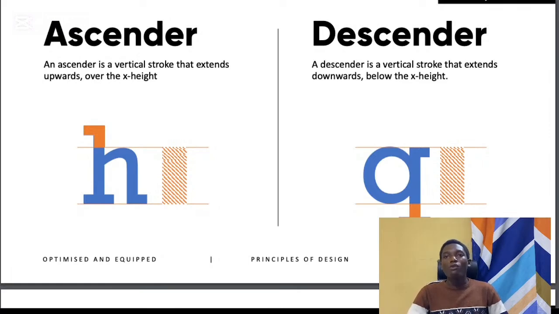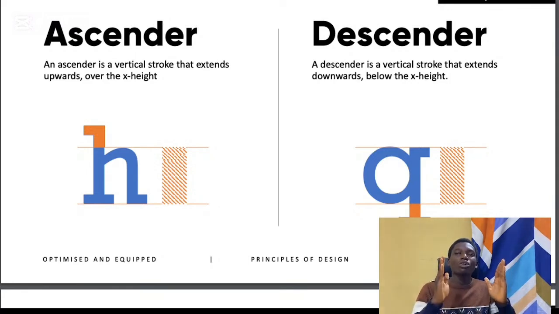And this deals with the ascender and the descender anatomy of typography. The ascender deals with the part after the X height. So we have the X height, and it has two or more baselines.